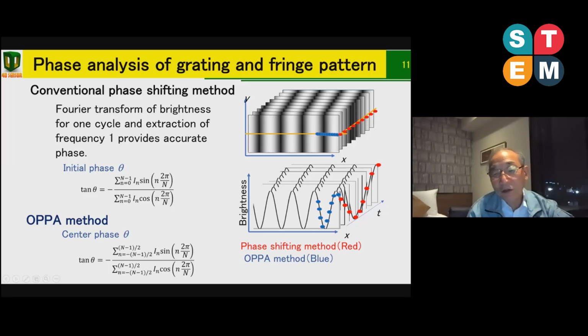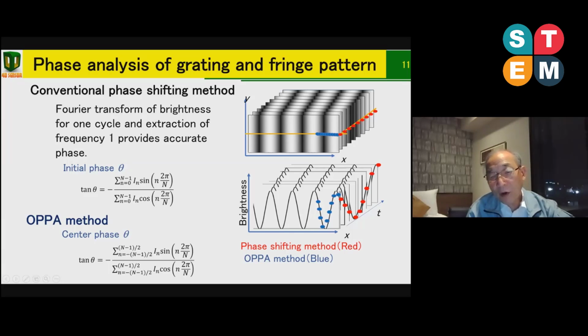So our OPPA method can analyze only one image's brightness data. For example, if we use this blue point's continuous brightness on a line, the brightness changes like this, sinusoidal.